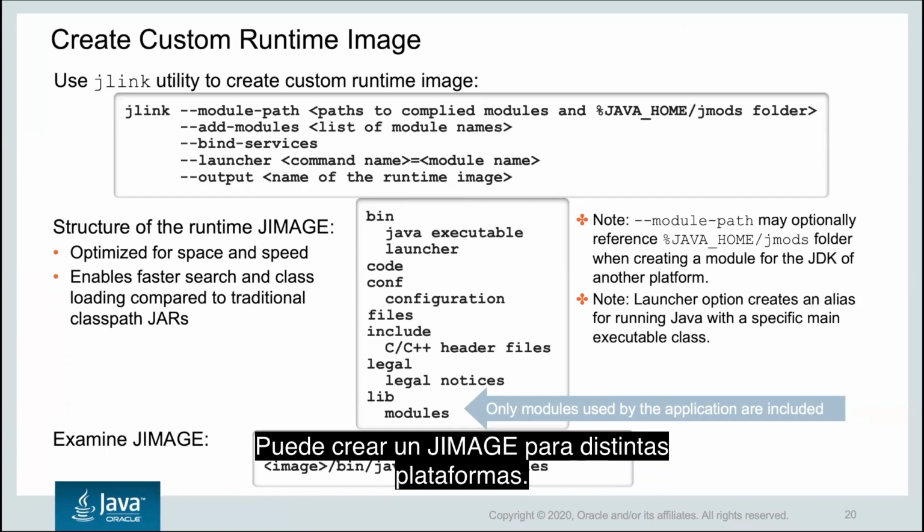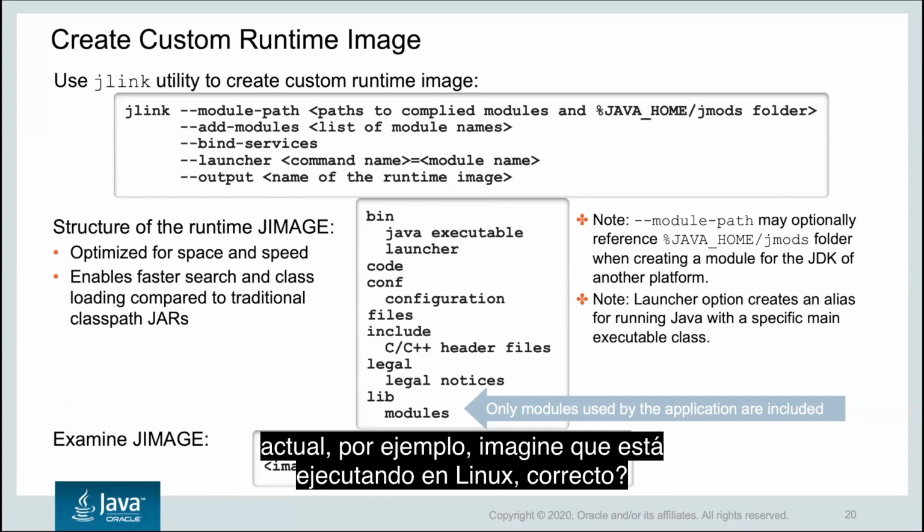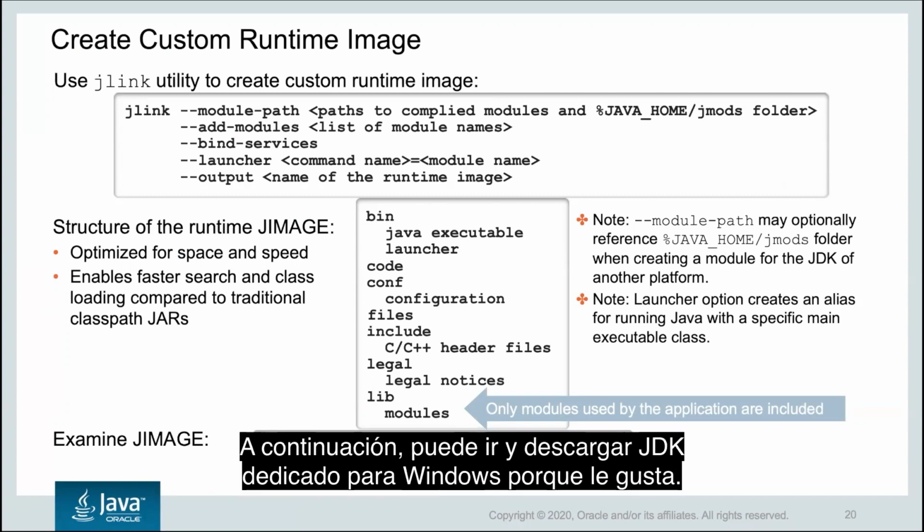Also, an interesting point is that what you're producing is actually a platform-specific deployment. You can create a JImage for different platforms. So instead of just using your current machine's JDK, imagine you're running on Linux, right? So you've got the Linux JDK, and then you download the JDK for Windows because you feel like it.